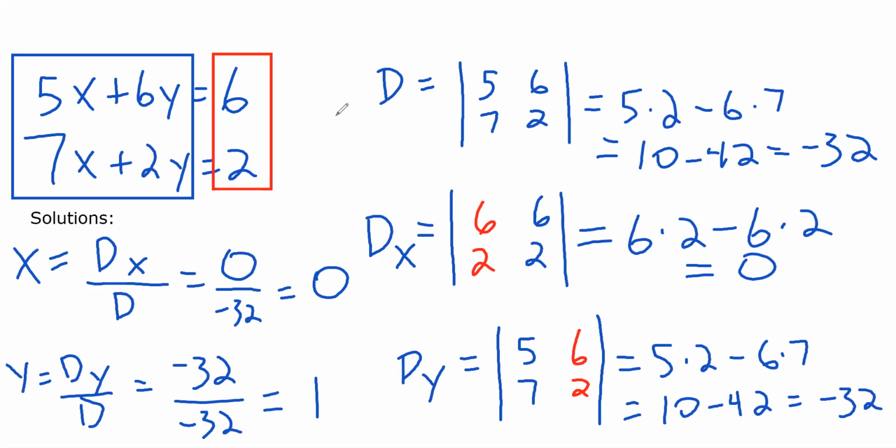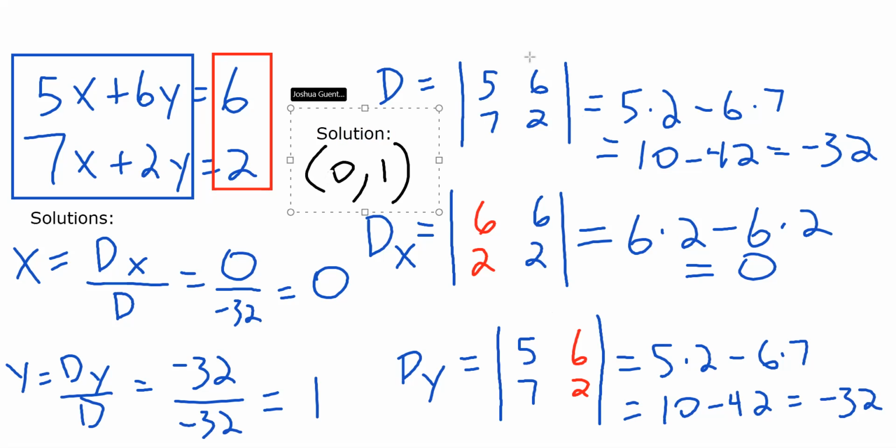We didn't use substitution. We didn't use elimination. We used Cramer's rule. And so our solution here, 0 for x, 1 for y, so it is the ordered pair (0, 1). And that's it. We used Cramer's rule to solve this system of equations. We're done.